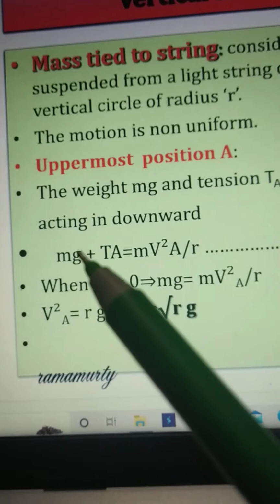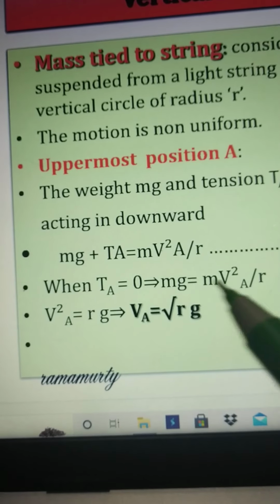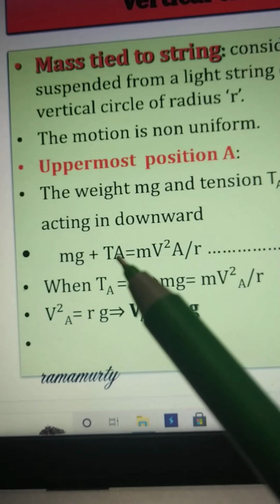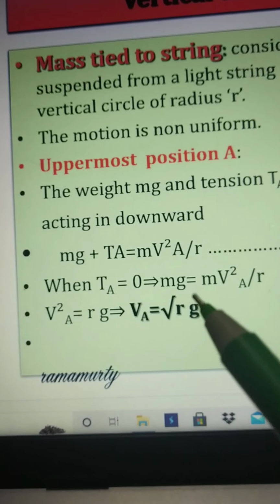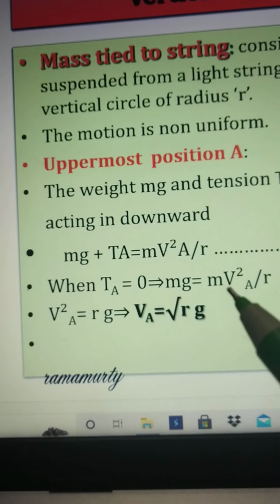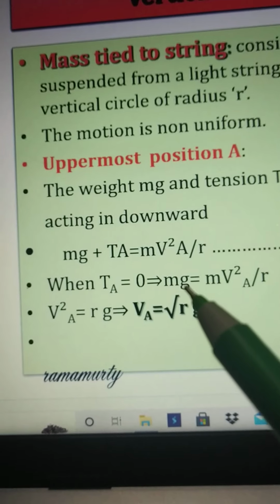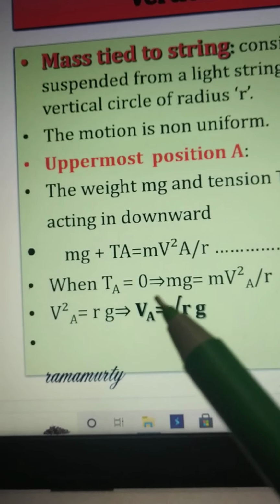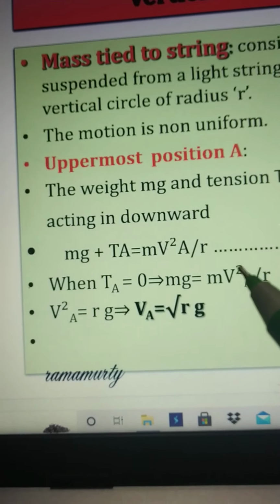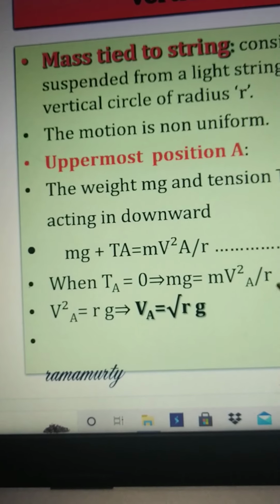When TA is equal to 0, meaning the tension at the uppermost position is 0, we put TA equal to 0 and we get mg is equal to mv square A upon R. Here m cancels out, so the remaining terms are v square A is equal to Rg.